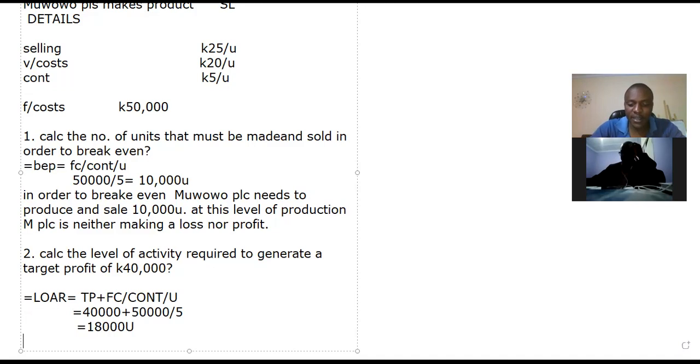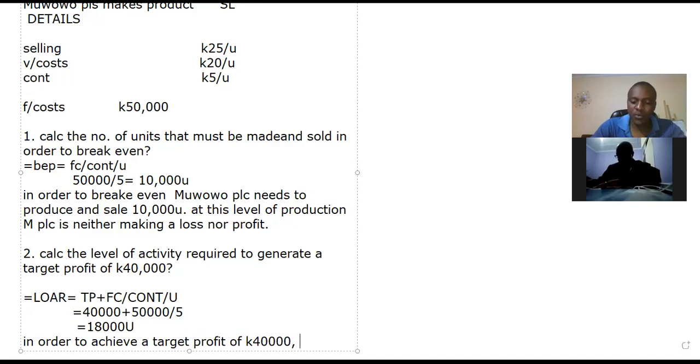So you say, in order to achieve a target profit, let's say of kwacha 40,000, more PLC needs to produce and sell 18,000 units of product SL.